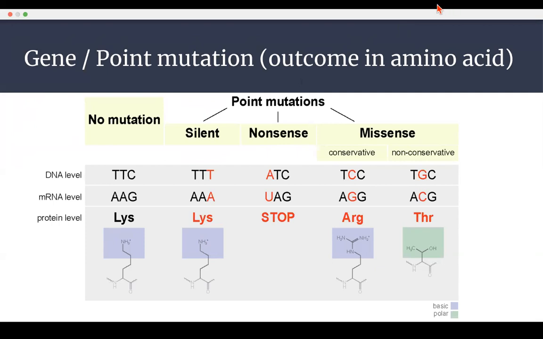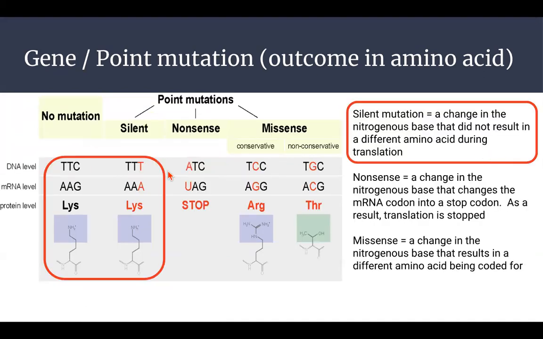If we look at the silent mutation, even though you've changed one of the bases, you can see that this base still becomes this codon, and this codon still codes for the same amino acid. So you changed the base, but you haven't changed the amino acid it's coding for.